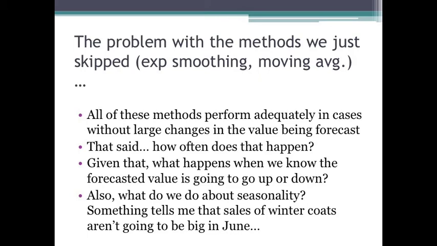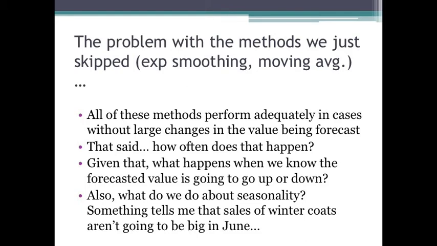We have things like seasonality. So how do we handle these things? What happens if we know that we're going to have these changes in our results? Well, these methods tend to not work so well, which is why we tend not to use them so much.